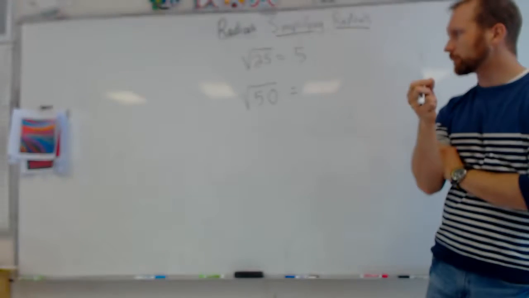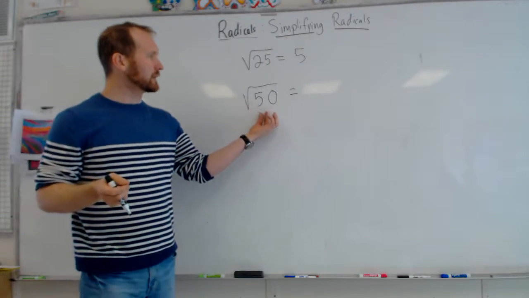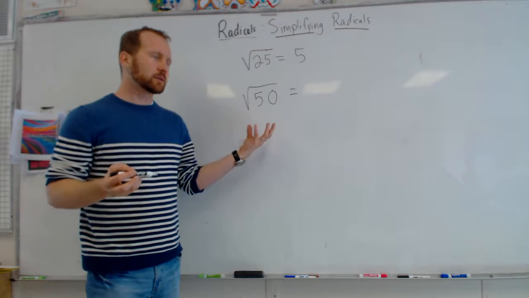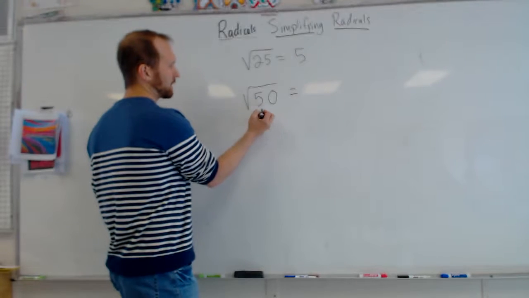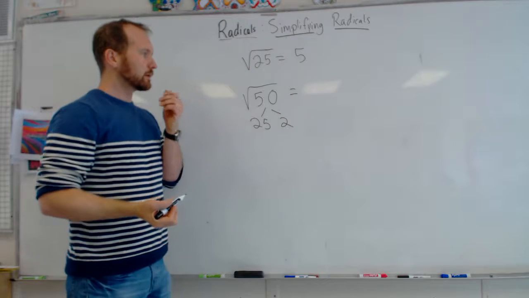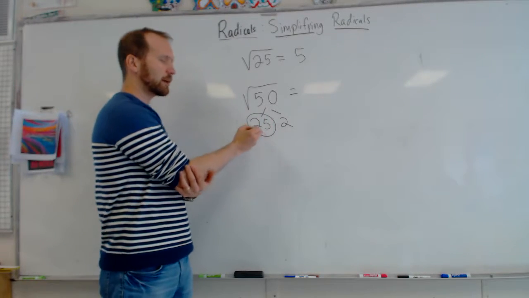Well, it turns out there are some rules for square roots that allow us to simplify them, sort of like we could simplify exponents. The basic rule for square roots is you're allowed to take what's inside a square root and break it up into factors. So for example, I know that 50 is 25 times 2. I mean, it's also 5 times 10, but why do you think I'm choosing 25 times 2 in particular? Because we know what 25 is. Because we know the square root of 25, right?